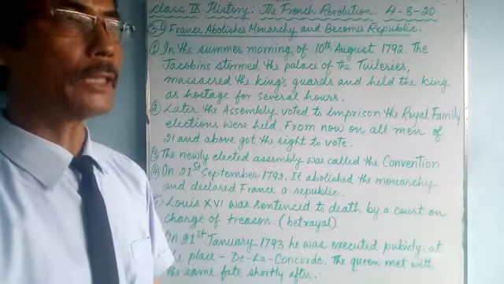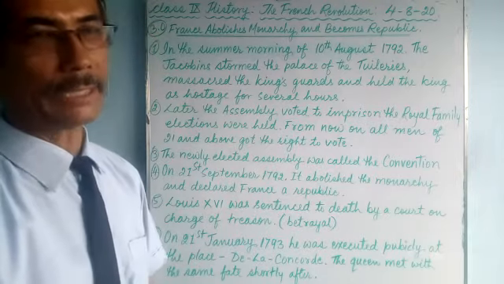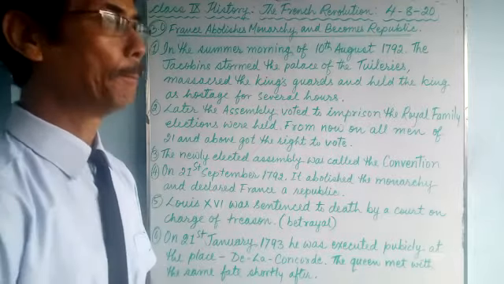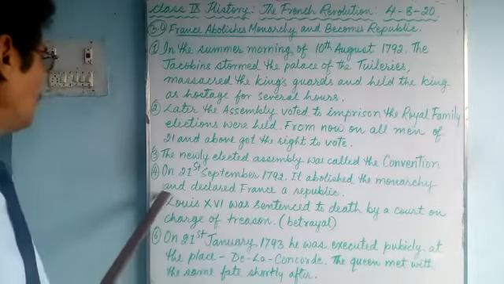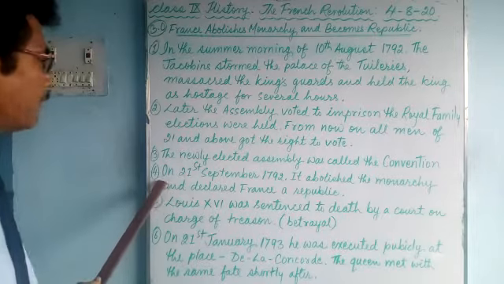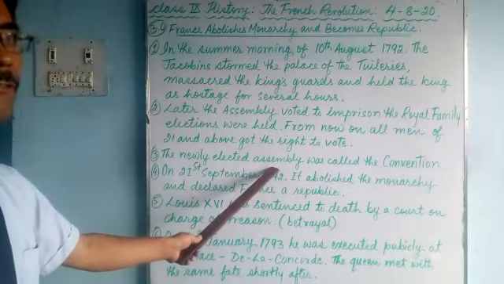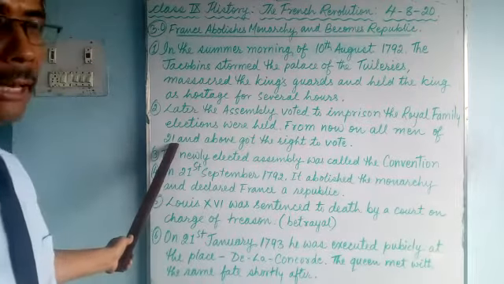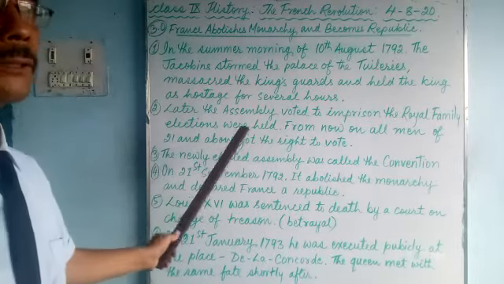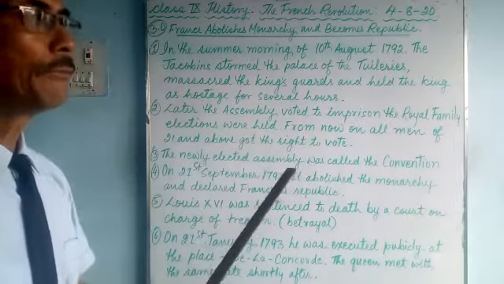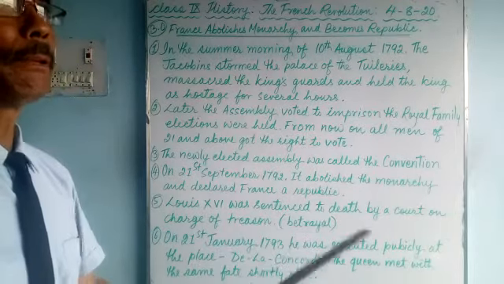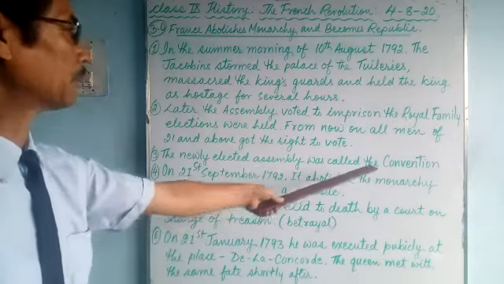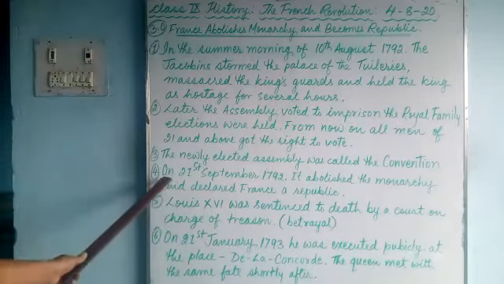The newly elected assembly was called the convention after the king was imprisoned by the Jacobins. Voting rights were given to men of 21 and above, people elected their representatives, and the assembly that was formed was called the convention.